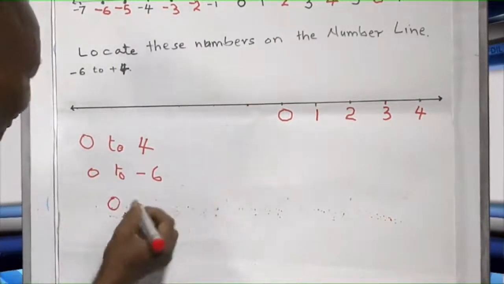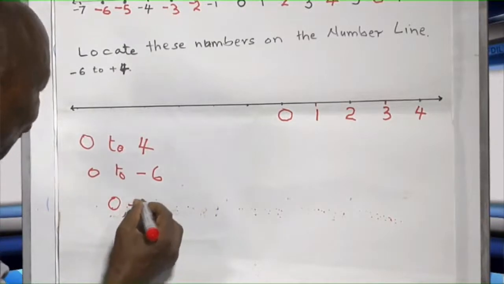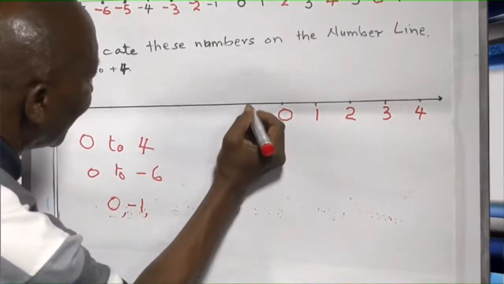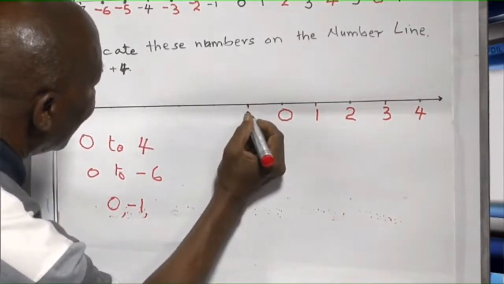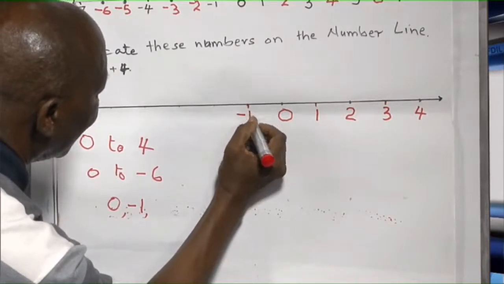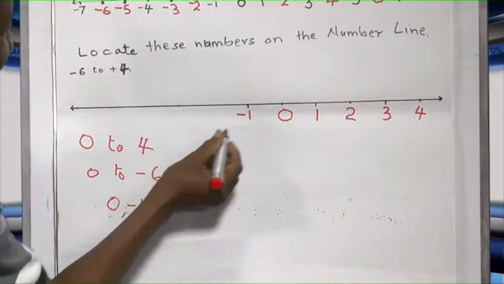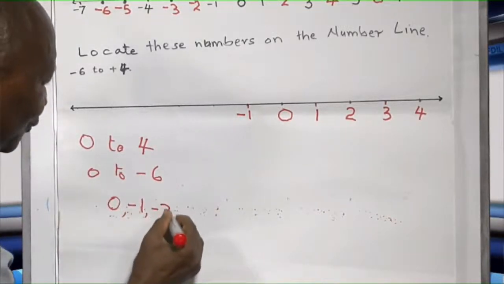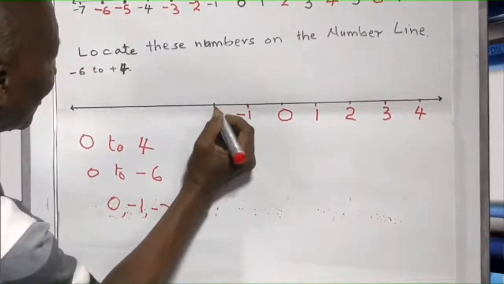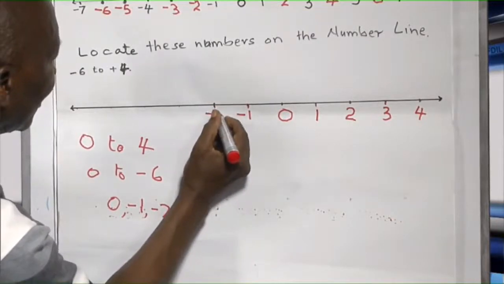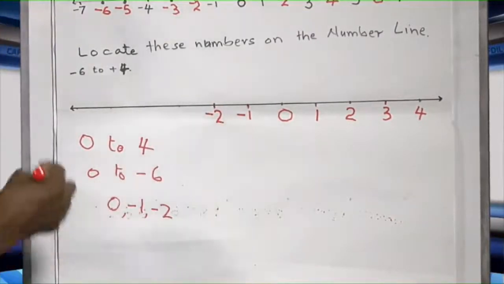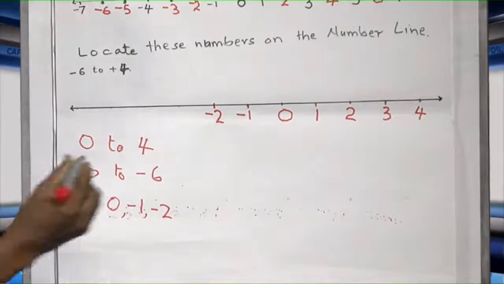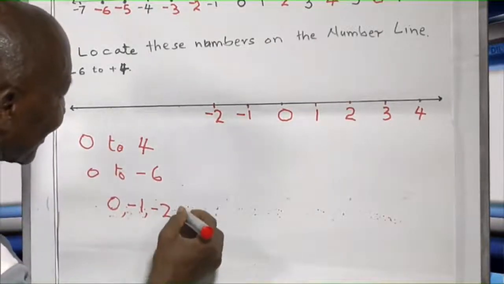We go to -1. From -1 we go to -2. From -2 we go to -3.